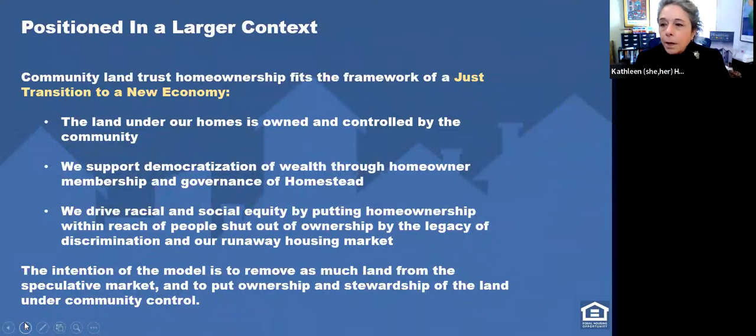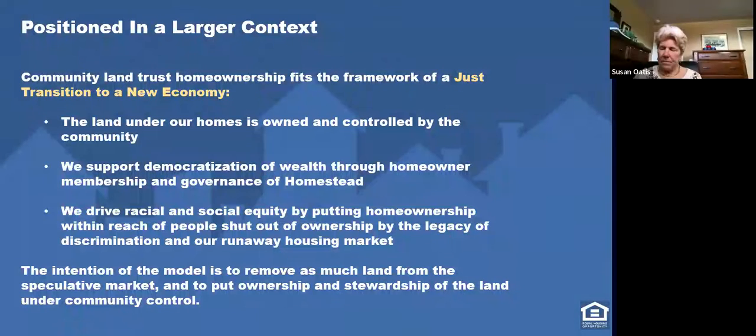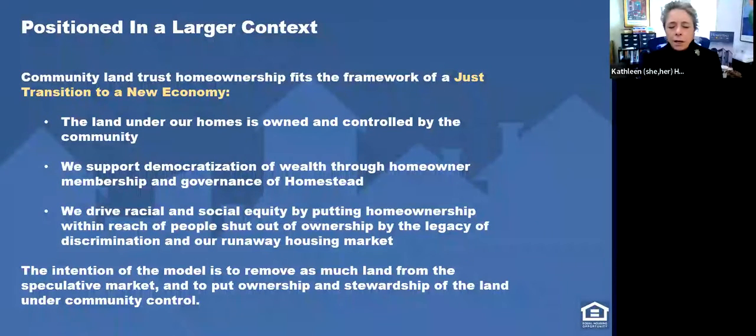And I wanted to just also say that our work is positioned in a larger context of something that's called the just transition to a new economy. Have any of you heard of a just transition to a new economy? No. It's a really helpful framework that acknowledges we have an economic system that works for us, and the point is just to make it better and to make sure that it's more fair.